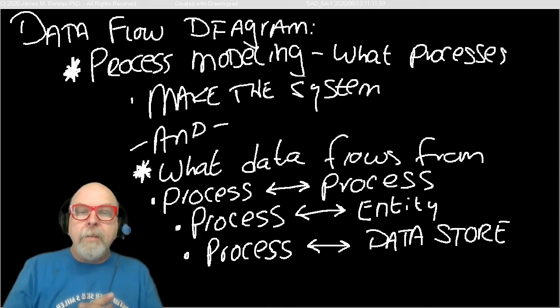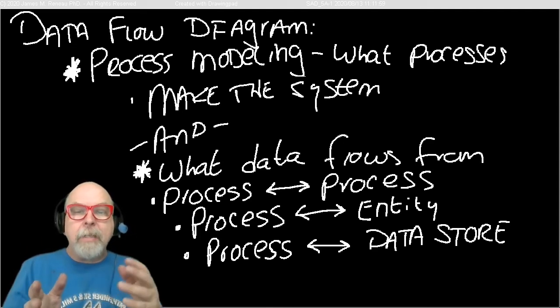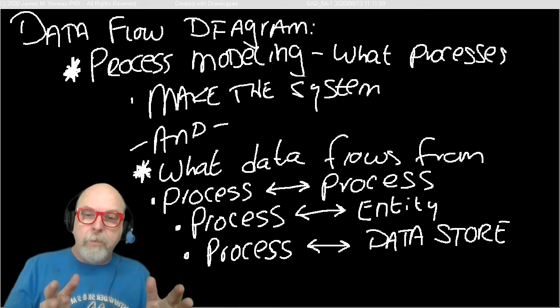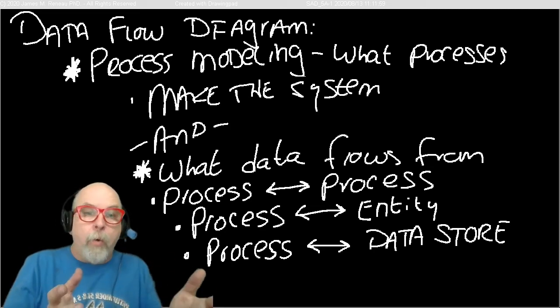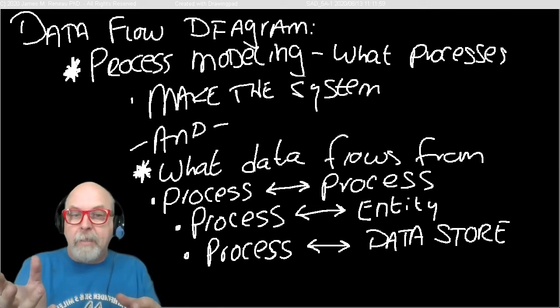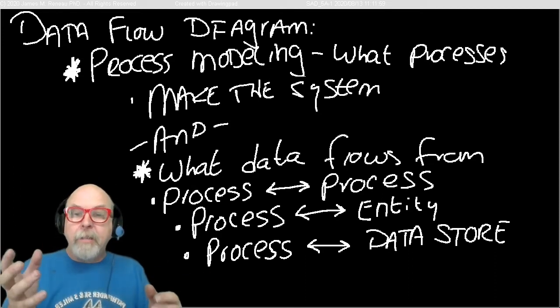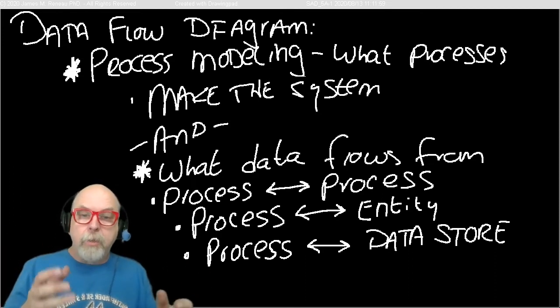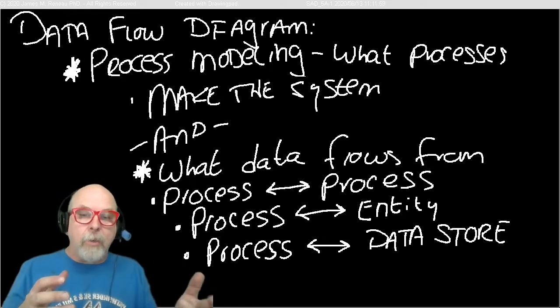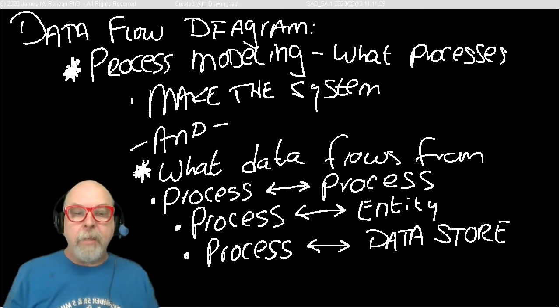And then data will flow from a process to a data store. So somewhere where we store the data, or from a data store back to a process. So data flows from process to entity, sink or source, and process to data store, and back and forth between those.